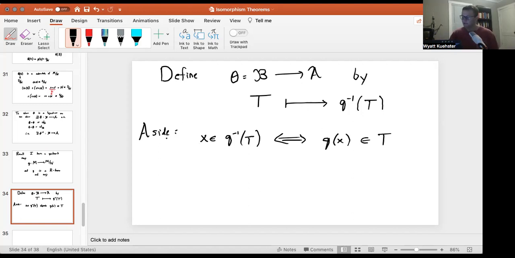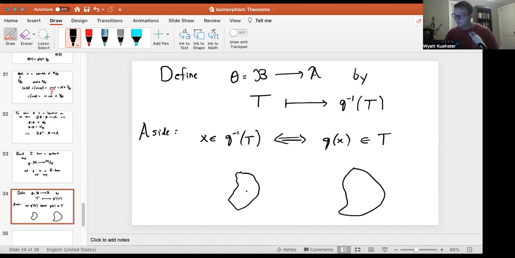So that's what it means. X is in the pre-image of T under Q, if and only if Q of X is in T. That's what it means for something to be in the pre-image. I don't know if I've used that definition before, but it's not the inverse. It's the pre-image. If I have a function, maybe I should draw a picture of the pre-image.